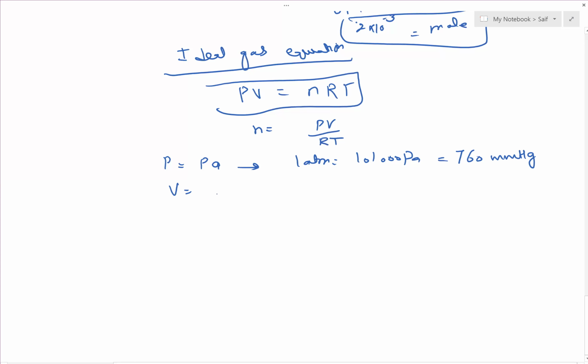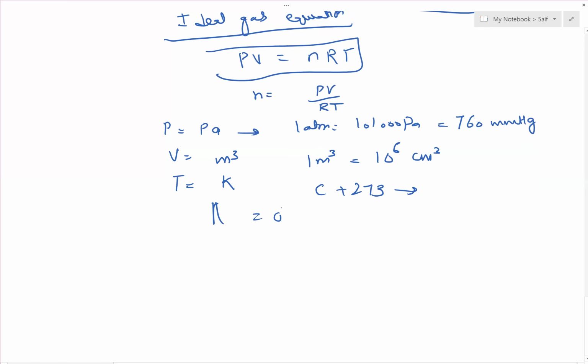Volume will be in meter cube, and 1 meter cube is always equal to 10 raised to power 6 centimeter cube. Temperature you will be taking always in Kelvin. So if you are having any temperature in centigrade, 273 will be added to get the Kelvin value, and you will be having the temperature in Kelvin. R value will be constant, and R value is 8.31 joules per mole per Kelvin.